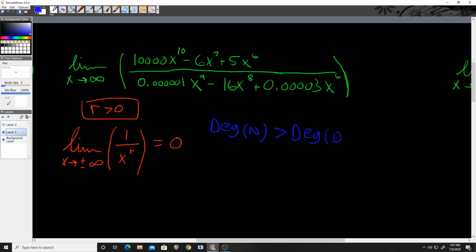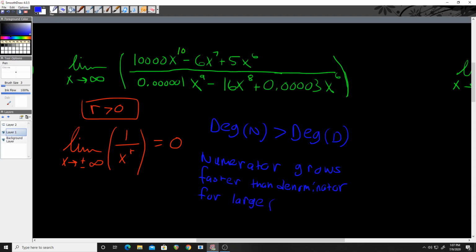That means that the numerator grows faster than the denominator for large x values, large positive or negative x values.